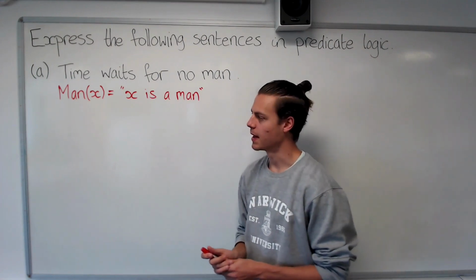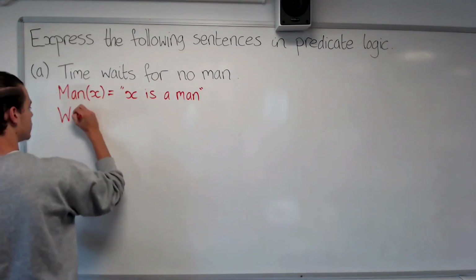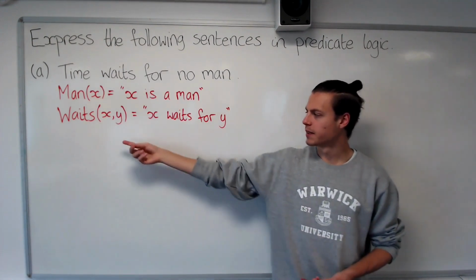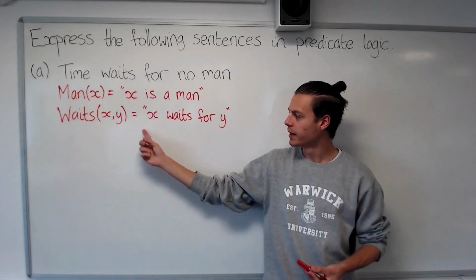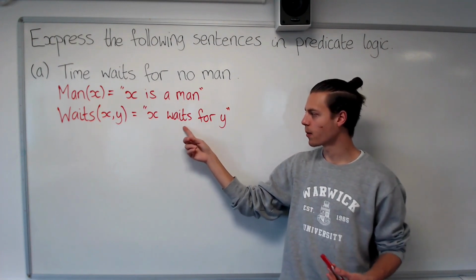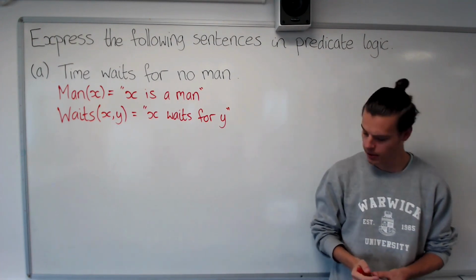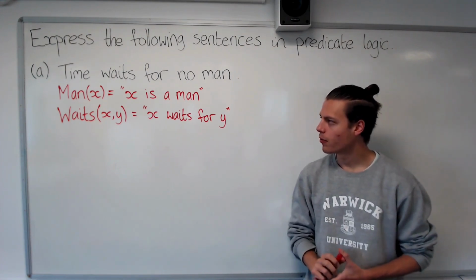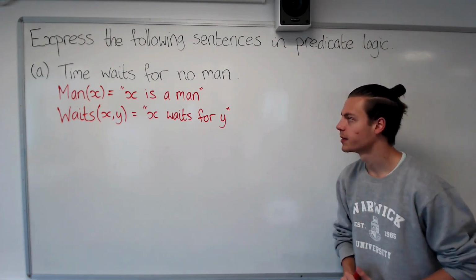So let's introduce that. Waits(X, Y) expresses X waits for Y. Now we can try to write this sentence in predicate logic.